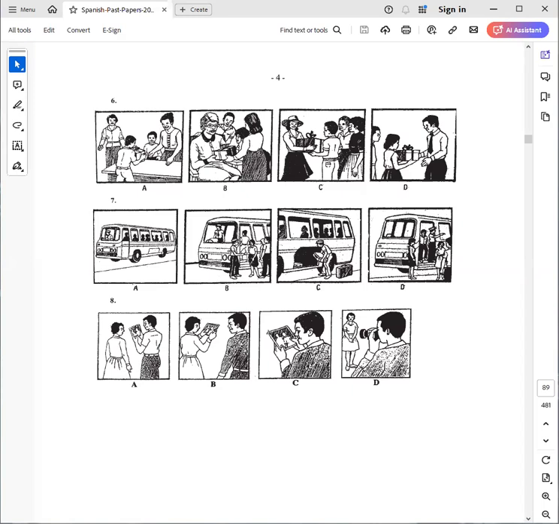Number 7, el conductor maneja el autobús. Number 8, él está mostrándole la foto.